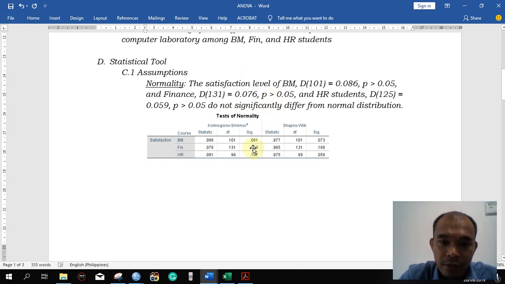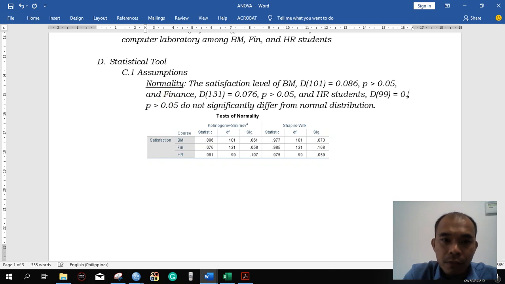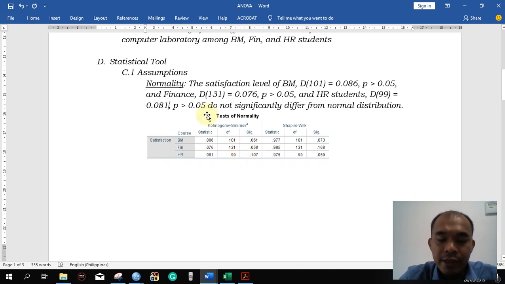For HR, the degrees of freedom is 99, the statistic is 0.081, and the p is greater than 0.05. They do not significantly differ from normal distribution, because all of the values here are greater than 0.05.